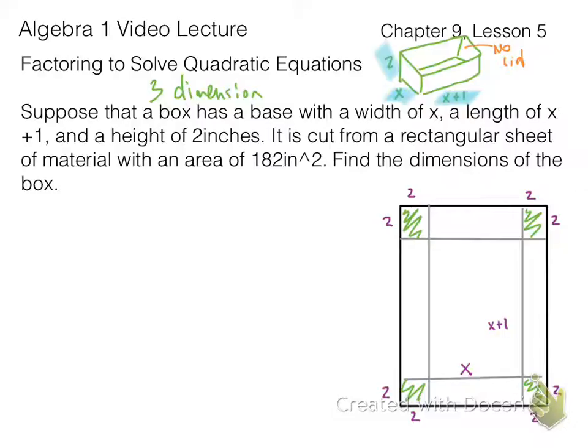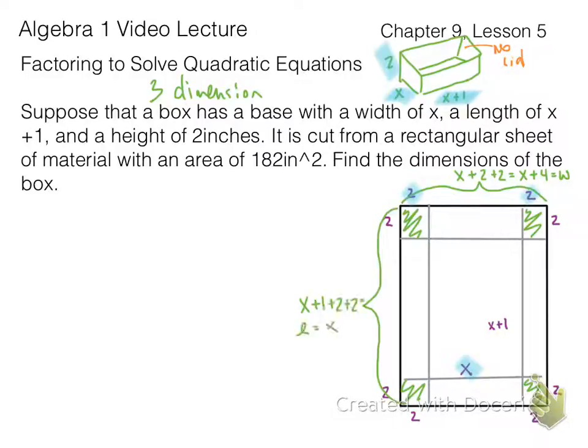So here's what we're going to do. Let's talk about the width. The width of this rectangular piece of cardboard is x plus 4 because it's the two edges plus the x. Got that? Now let's talk about the length.